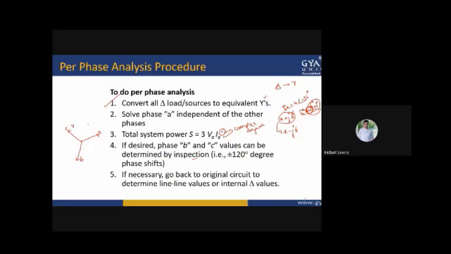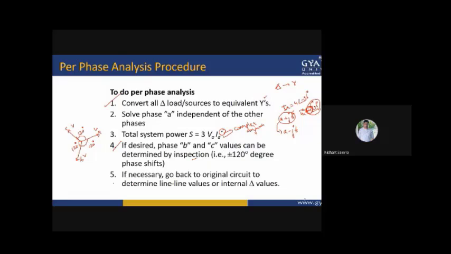That means each one has the same magnitude V. And the angle between them is how much? 120 degrees. All of them will differ by the same angle. So that is called a balanced phase system. That is, if desired, the phase B and C values can be determined by inspecting A.